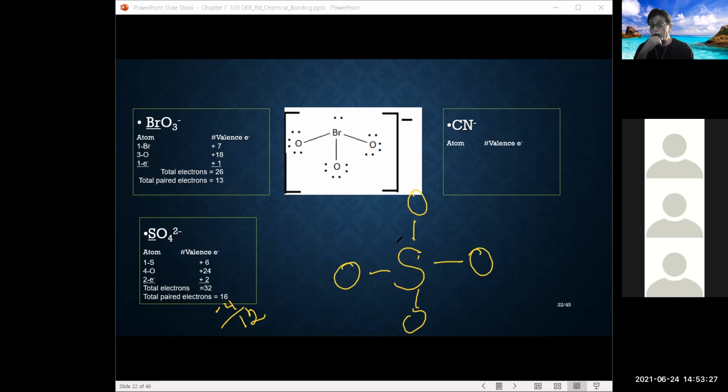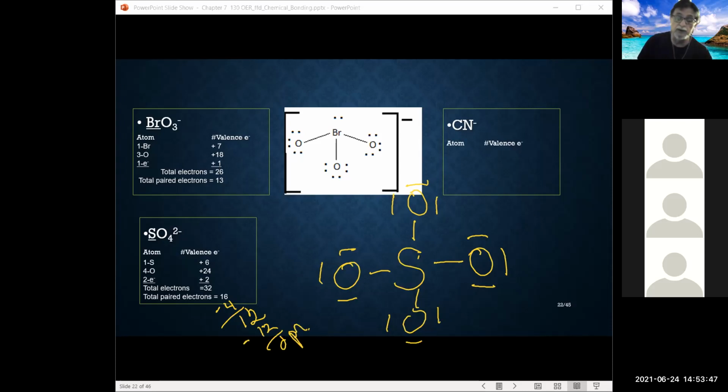And so those 12 just simply go around the oxygen. So I go 1, 2, 3, 4, 5, 6, 7, 8, 9, 10, 11, and 12. So I got those 12 there that I just took care of. So now I got 0 pair left. I still have 16 pair. So I'm good to go.